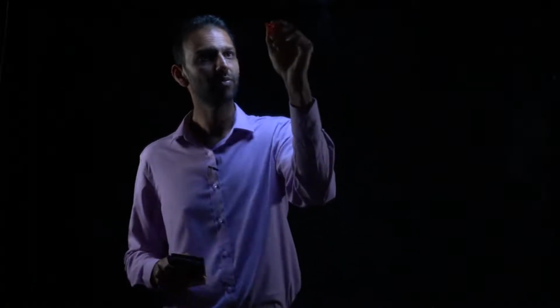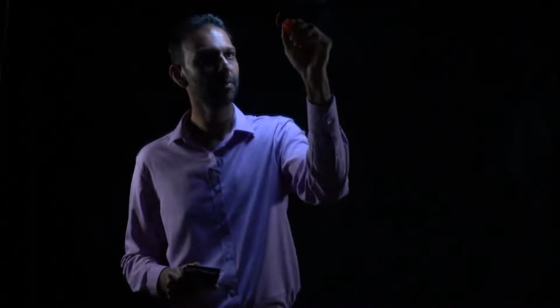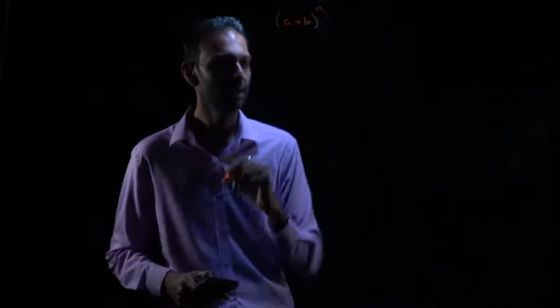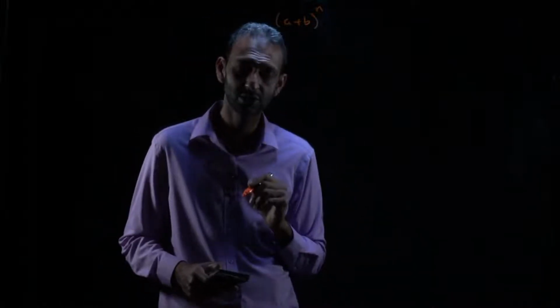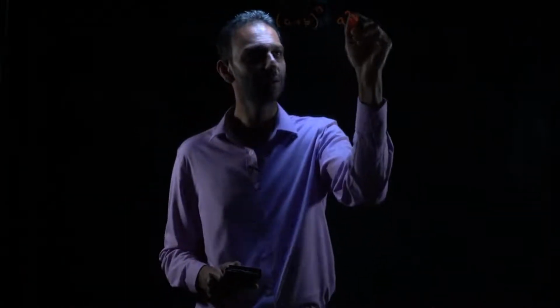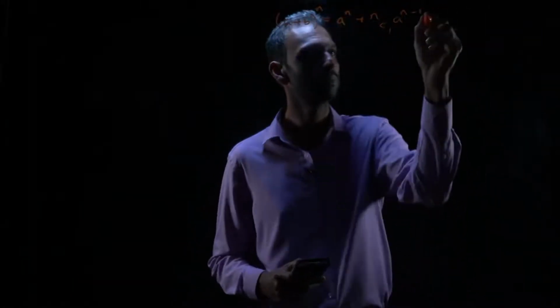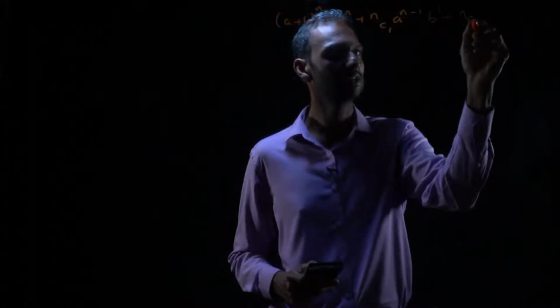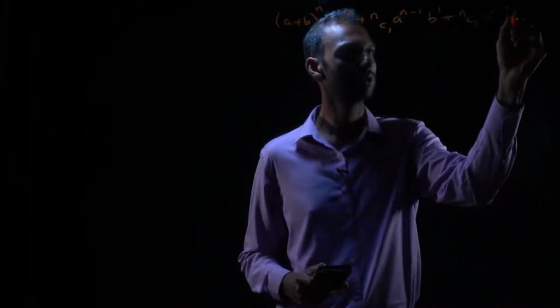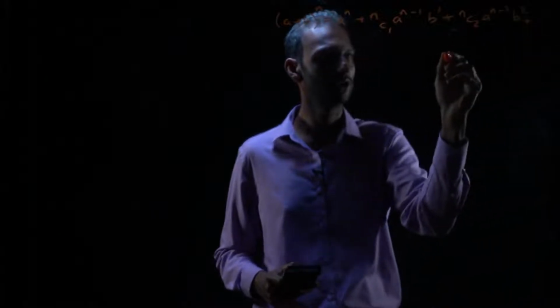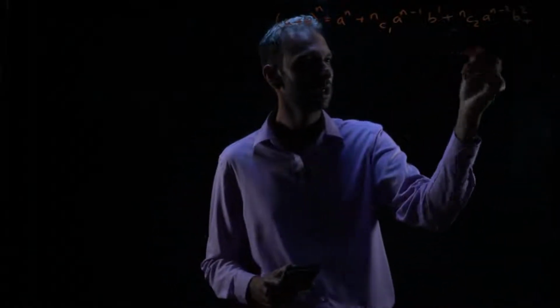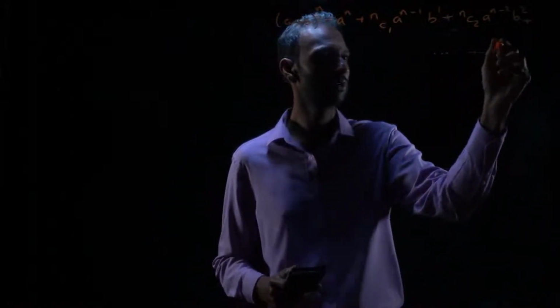So remember, for binomial theorem, when I have (a + b) to the power of n, where n is a positive integer for maths, you have a^n + nC1 a^(n-1) b^1 (I missed the b here, just writing too quickly) + nC2 a^(n-2) b² + ... till you reach the last term, which is b^n.